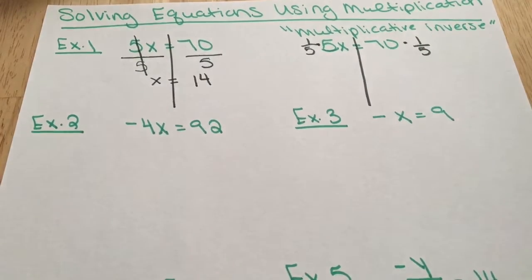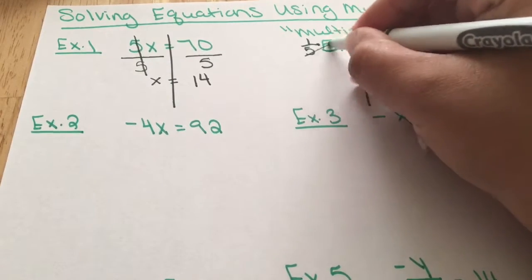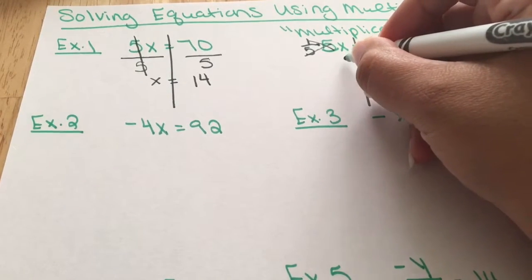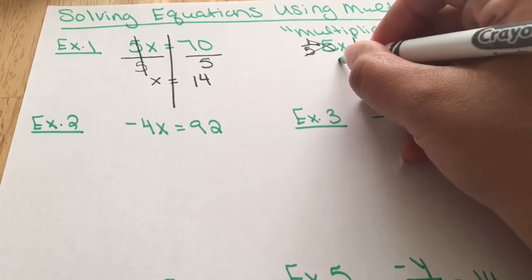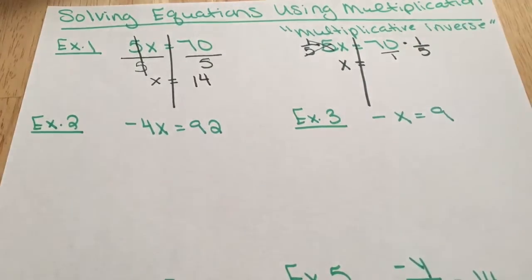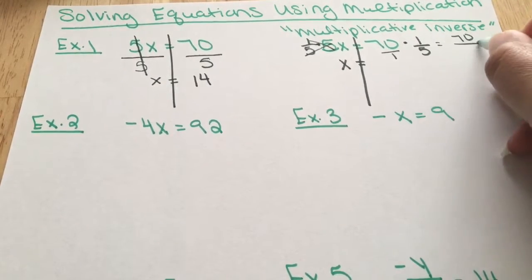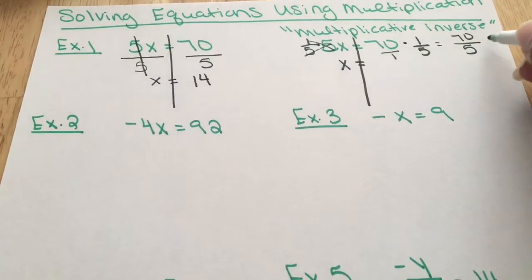So I'm also going to multiply my 70 times 1/5. Over here, we know reciprocals will multiply together to give us 1, so I'm left with 1x, or just x. Over on the right side, if I go ahead and practice my fraction multiplication, I can just go through and get 70 over 5.